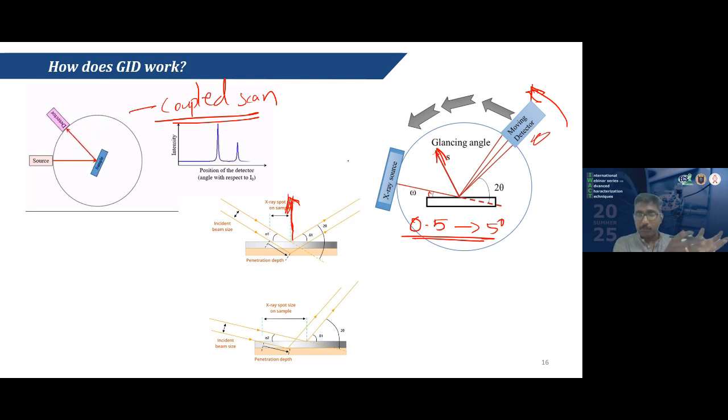The main disadvantage of normal XRD was that it is a coupled, symmetric scan. We cannot detect those planes which are tilted. Whereas in the case of GID, since it's a decoupled and asymmetric scan, it can detect all those planes which are parallel to the sample surface and tilted to the sample surface.